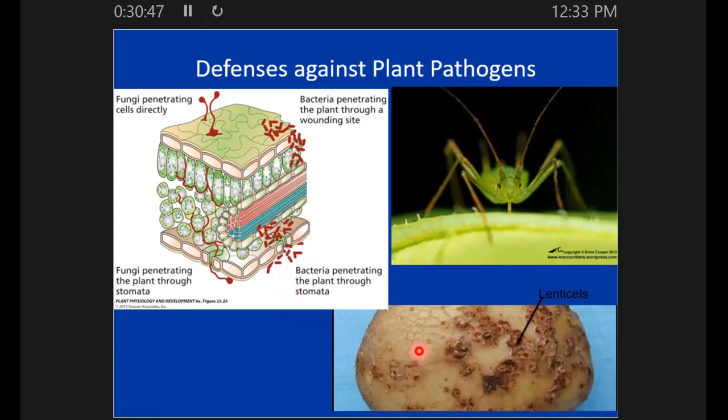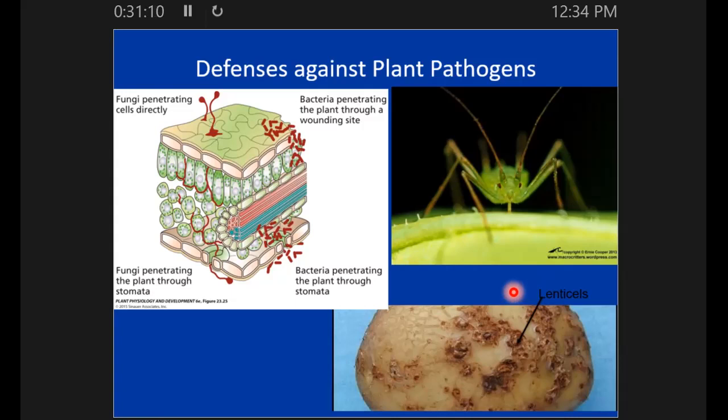Here, this potato, if you've ever looked at a potato and you see those little bumps, well, this is one that looks diseased, but a normal potato just has these little tiny striations. Those are called lenticels. Lenticels, we learn about that in the plant kingdom. Those are essentially pores along bark on the stem of the tree.